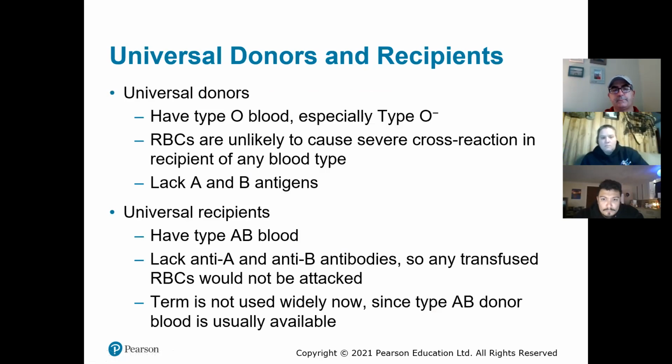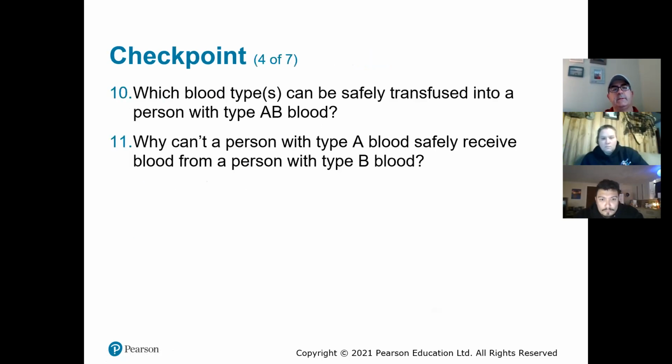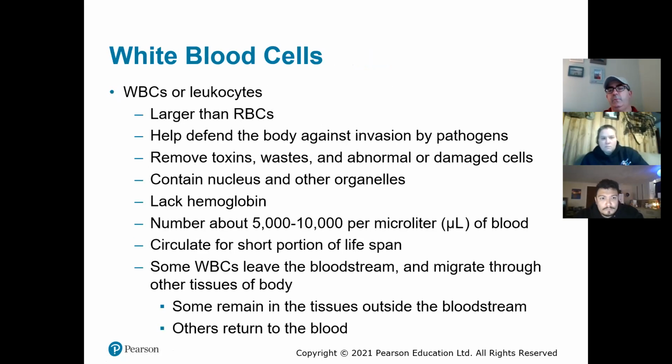Okay. So we went through the blood typing, we went through universal donors and recipients, right? And then we still have to talk about the other formed elements that are in the blood. So going back to the beginning of the blood, we said that the liquid part is the plasma, the solids are the formed elements.